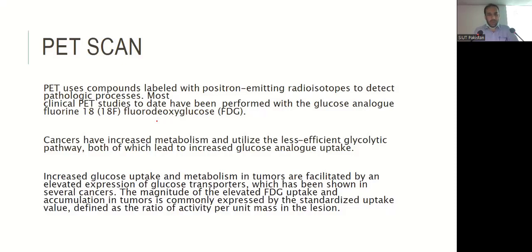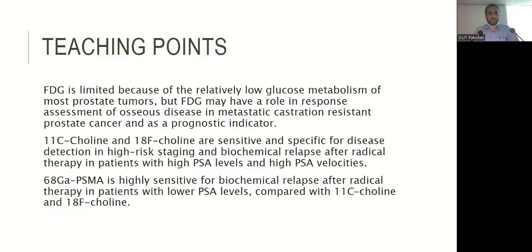Increased glucose uptake and metabolism in tumor are facilitated by an elevated expression of glucose transporters, which has been shown in several cancers. The magnitude of the elevated FDG uptake and accumulation in tumors is commonly expressed by the standardized uptake value, defined as the ratio of activity per unit mass in the lesion.